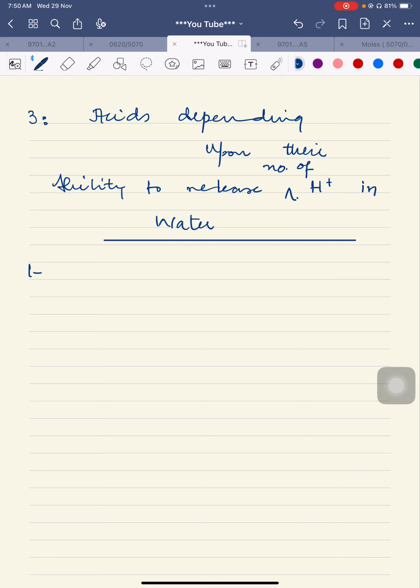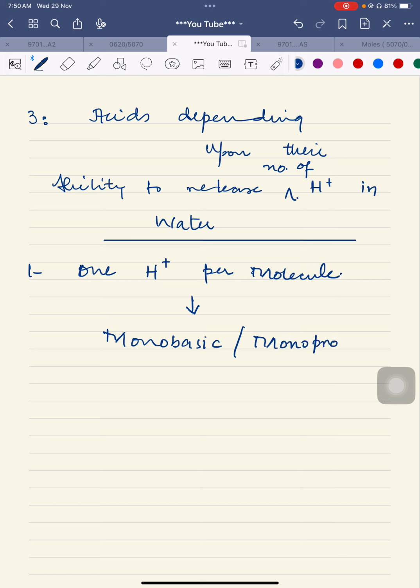If an acid is releasing one hydrogen ion per molecule, then it will be called monobasic, or monoprotic acid. Examples of such an acid are HCl or HNO3.